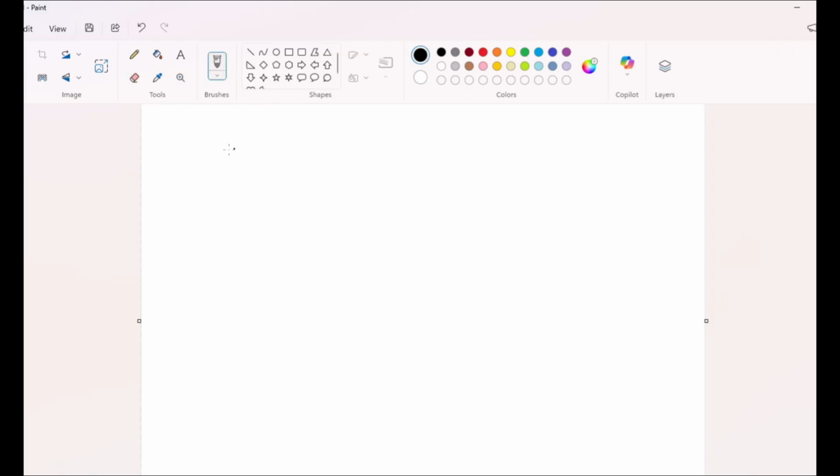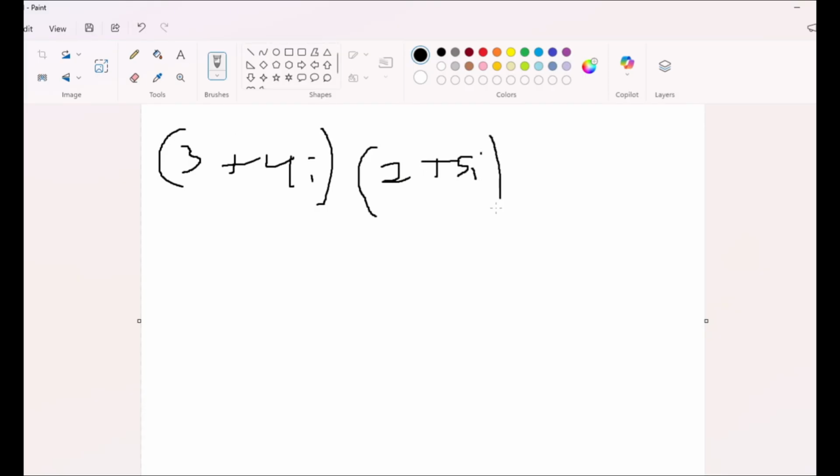Okay, what about multiplication? 3 plus 4i and 2 plus 5i. What is this? Multiplication. You can do the box method or just do it in your head.